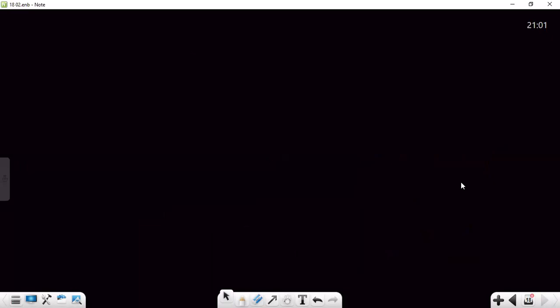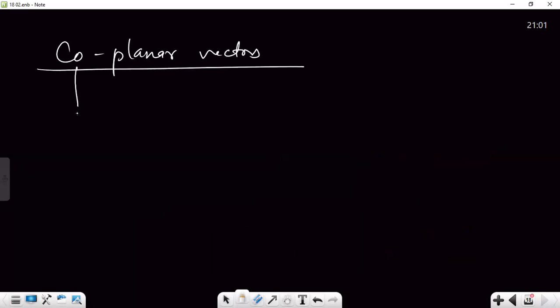Coplanar vectors. So simple, co means same, planar means planes. Vectors lying on the same plane are known as coplanar vectors. Simple.